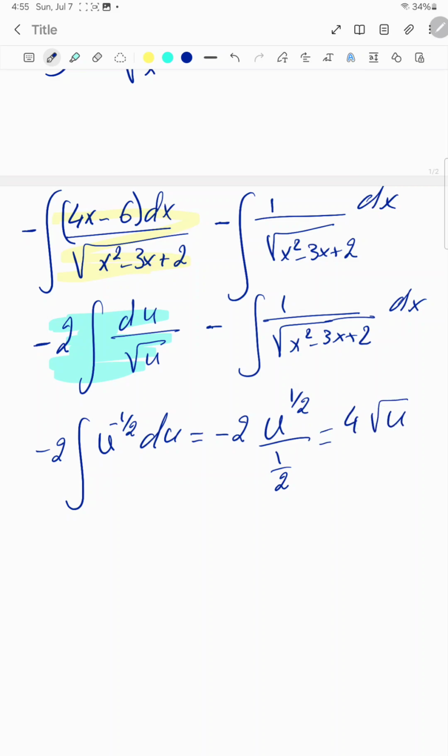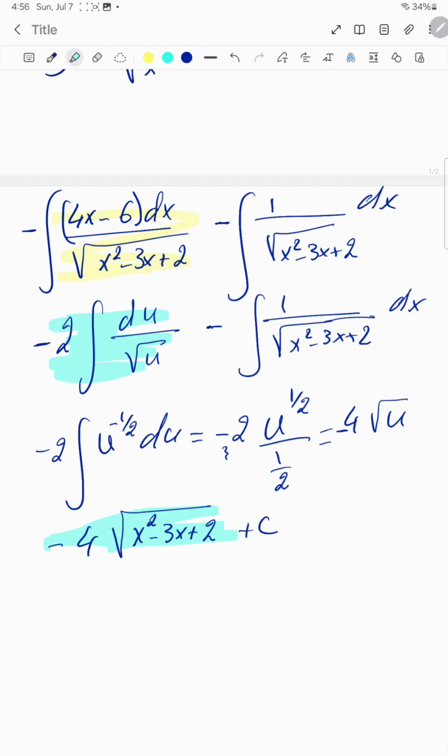Let's replace u by its value, so it becomes minus 4 square root of x squared minus 3x plus 2. Let's highlight it. I will add this to my final answer. There is a plus c here, but I will add it at the end.